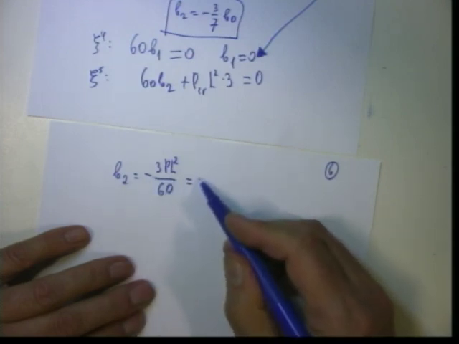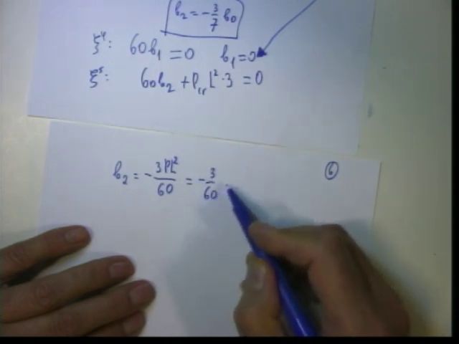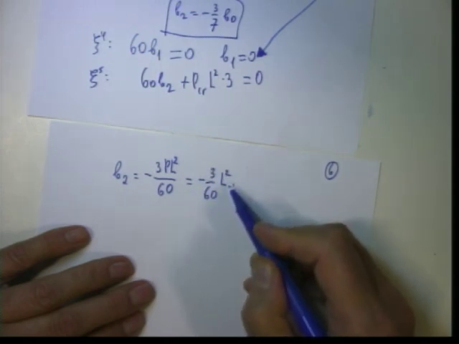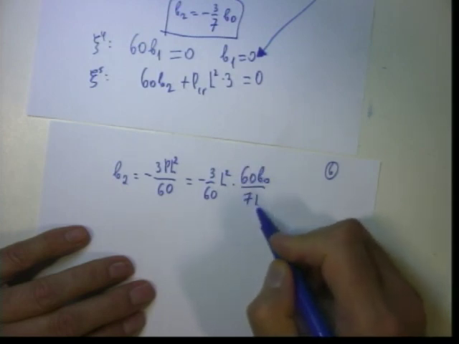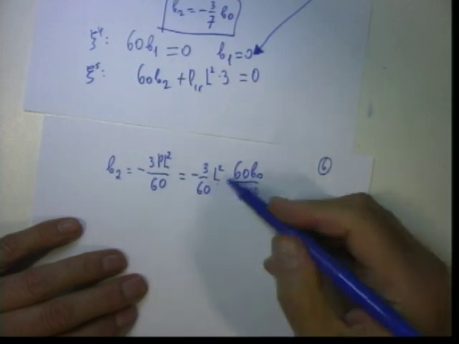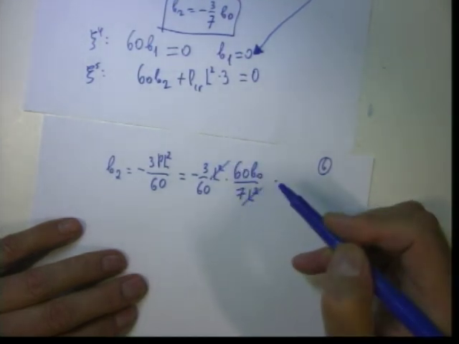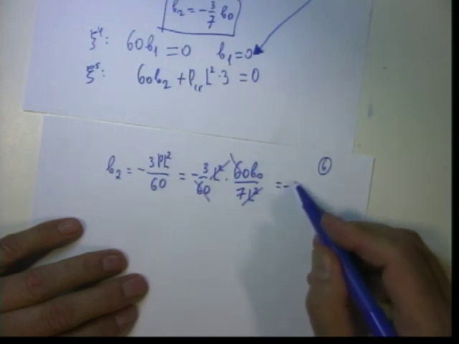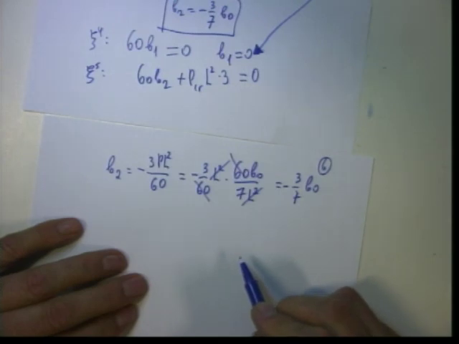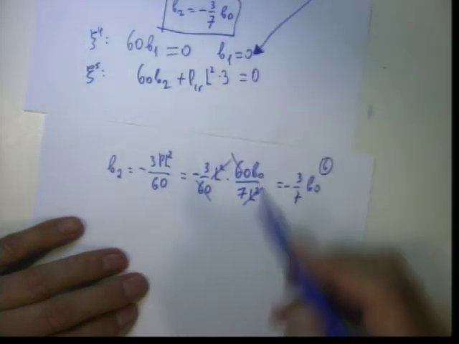Okay, so I will substitute now this P. Minus 3 60ths, and then L square, and P equals 60 B0 divided by 7L squared. So L square and L square are gone, 60 and 60 are gone, which equals minus 3/7 B0, which is the same as before.